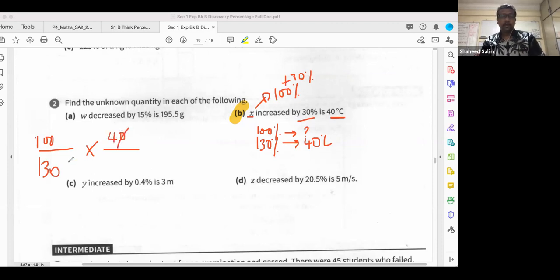So cancel. 40 times 100, 4000 divided by 130. It's a decimal place. So this is the original, I think it is 30.77 degrees Celsius. Okay, we will stop here for this one.